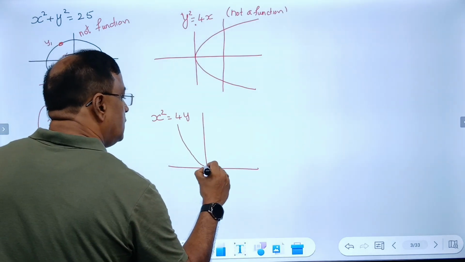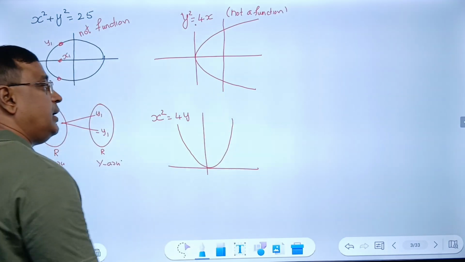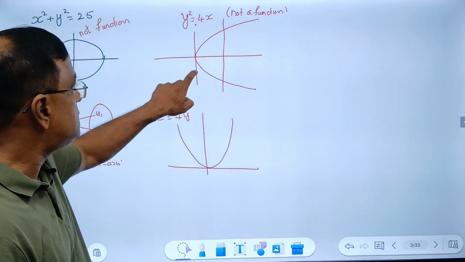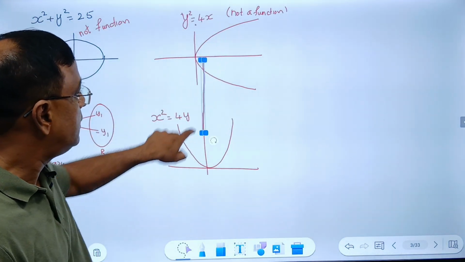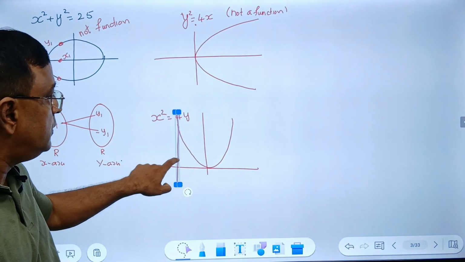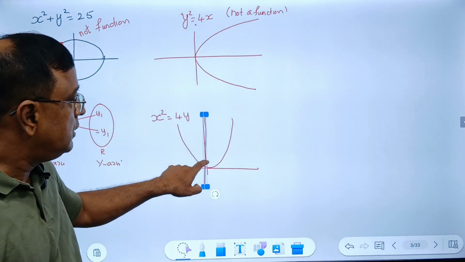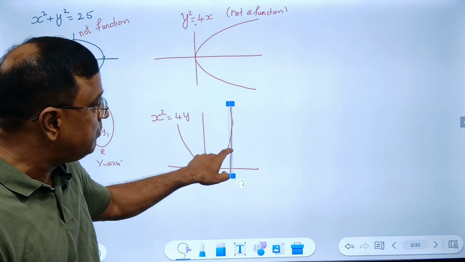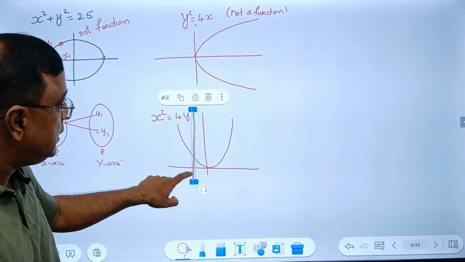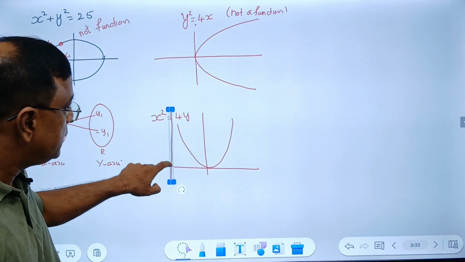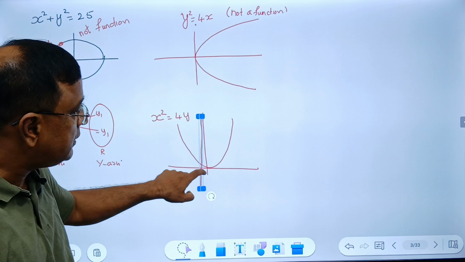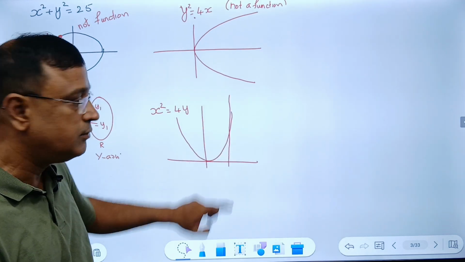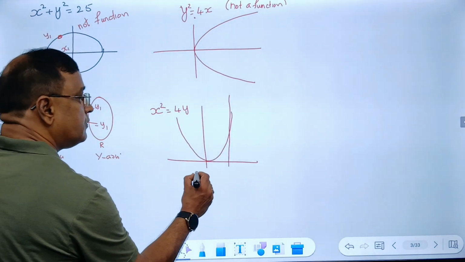It's a parabola symmetric about the positive y-axis. Now let's take this vertical line. If you move this vertical line wherever you want, you can see clearly that at every given point it intersects the graph at exactly one point. Can you see it? It intersects at exactly one point. Okay? Therefore, this is a function.